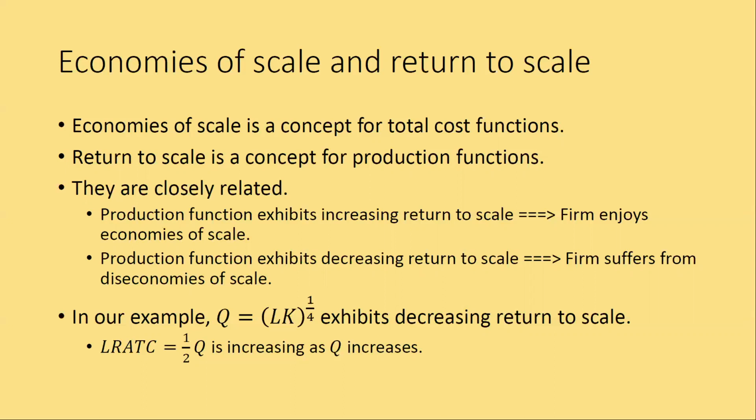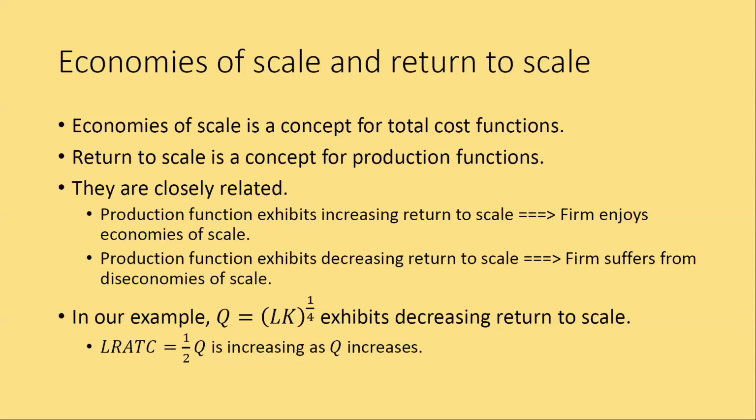So with our running example, this is a special Cobb-Douglas production function. And because the sum of its exponents is 1/4 plus 1/4, that is a half, and that is smaller than 1, we say that our production function exhibits decreasing return to scale, right? And again, I showed why this is the case in previous lectures.